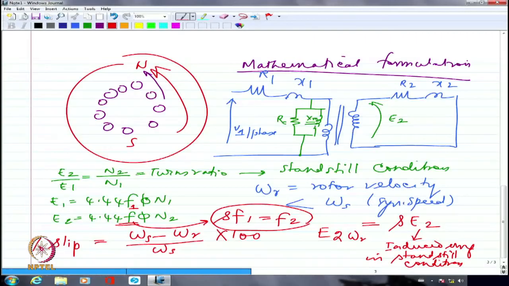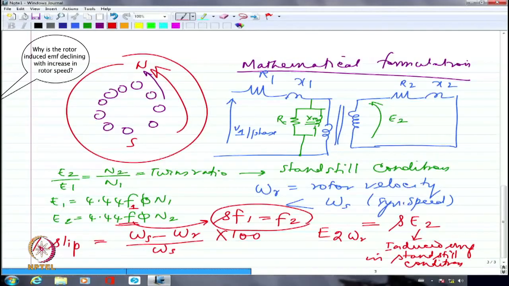Because omega r is also in the same direction. So omega s minus omega r divided by omega s, I am going to have the slip be very, very small. Most of the time, if the induction motor is on no load, not loaded at all, the slip will be as meager as 1% or 2%. Nothing more than that. This one?